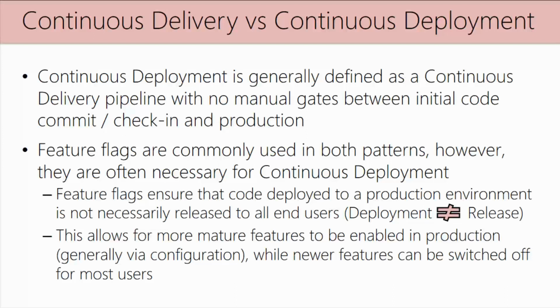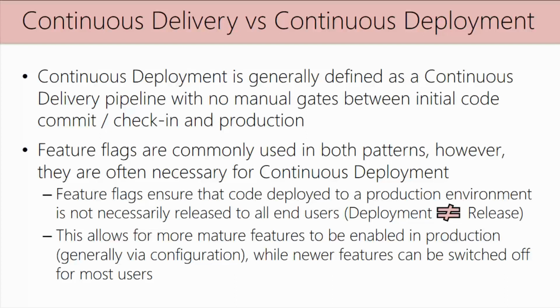So we use feature flags, which are commonly used in both patterns, but they're not often necessary for continuous deployment. These feature flags simply ensure that the code deployed to a production environment is not necessarily released to all end users. In other words, deployment does not mean it's release ready.